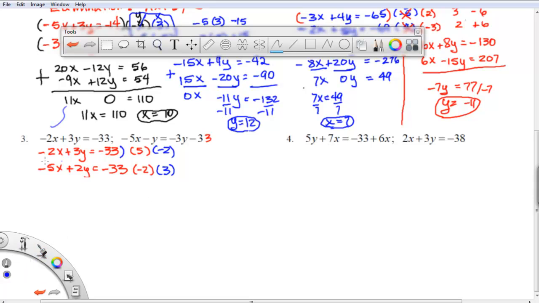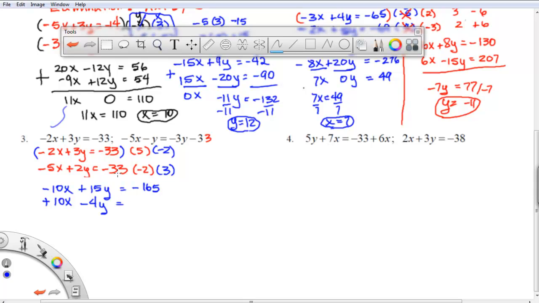So let's do this one first. 5 times a negative 2 is a negative 10x. 5 times 3 is a positive 15y. And then 5 times a negative 33 is a negative 165. Now, negative 2 times negative 5 is a positive 10x, so there's my x going away. And negative 2 times positive 2 is a negative 4y.